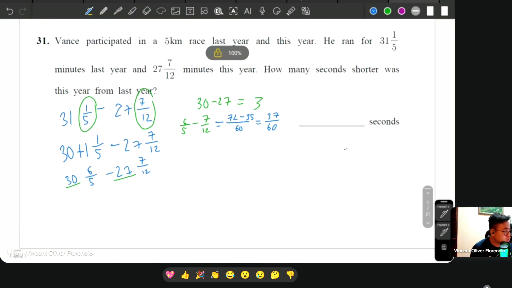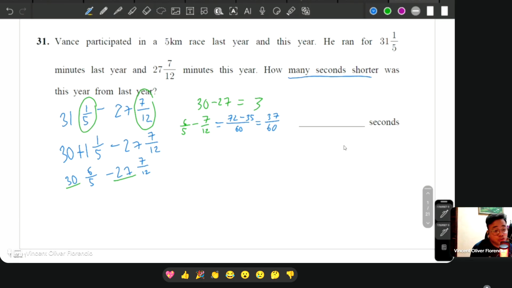Now, take note, let's go back to the question. How many seconds shorter? Take note that the one we subtracted here is in terms of minutes. So we have two portions, the 3 minutes and the 37/60 minutes. Every minute there are 60 seconds. So both the 3 and the 37/60, we need to multiply by 60, because these two are in terms of minutes.